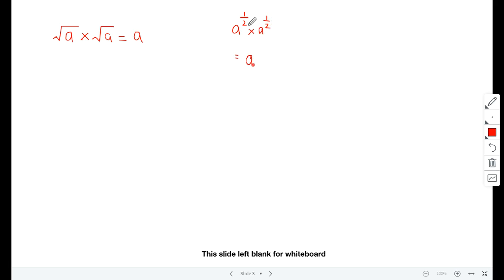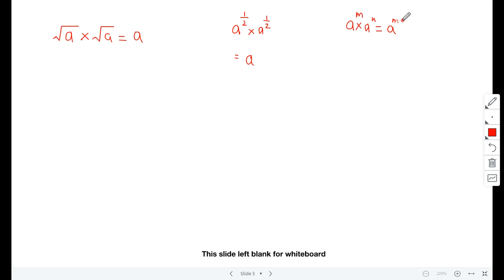Like in powers, if you know the index rule, a to the power m multiplied by a to the power n. It's what? Tell me. It's m plus n.